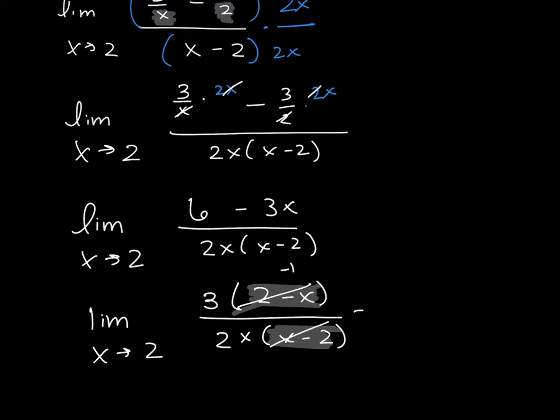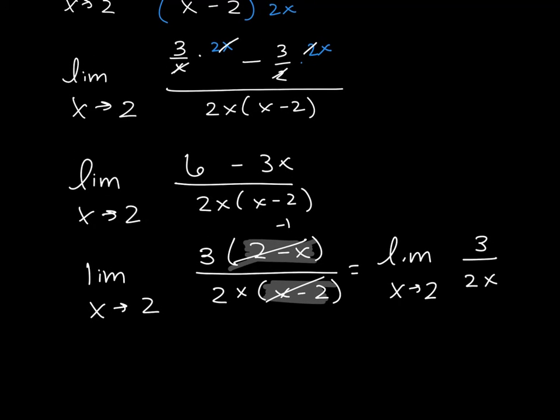Now what we are left with is just the limit as x approaches 2 of 3 over 2x. Now we can use direct substitution, and we see that the limit as x approaches 2 of 3 over 2 times 2, and remember this is a negative 1.